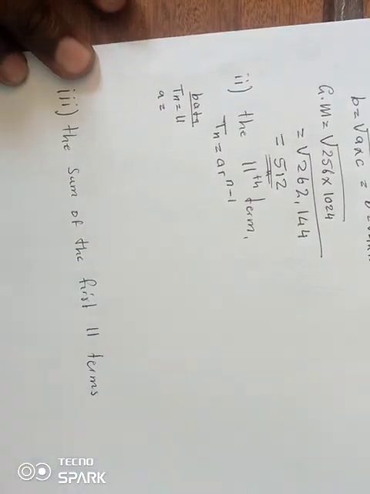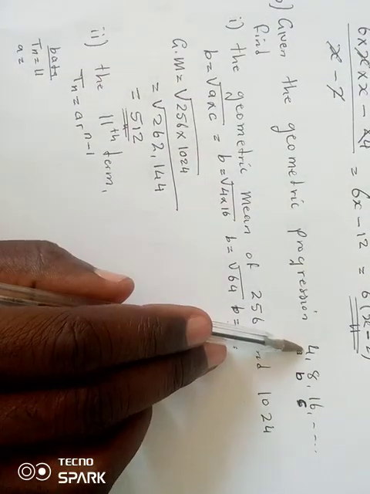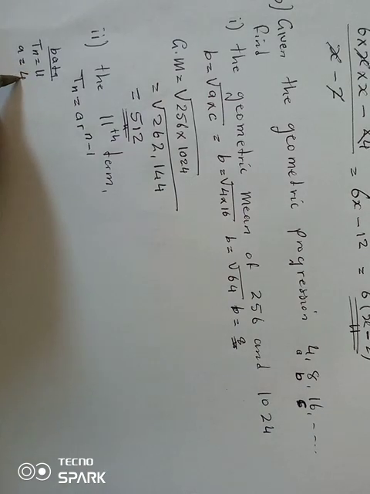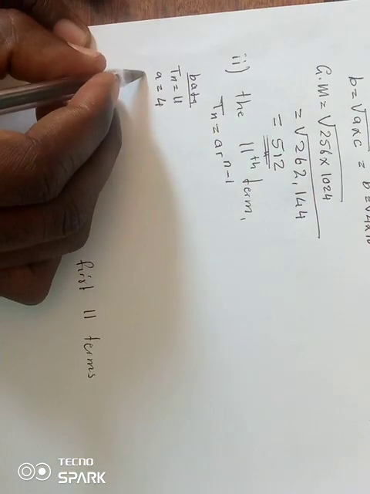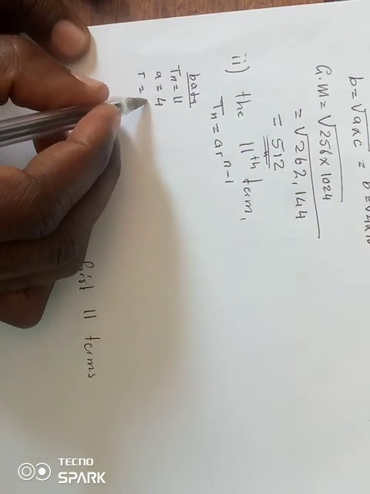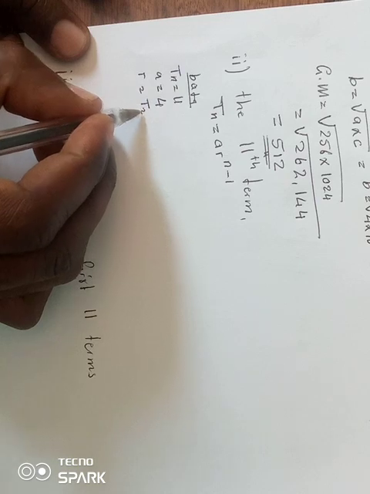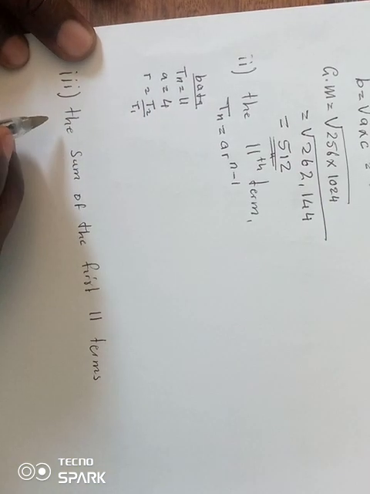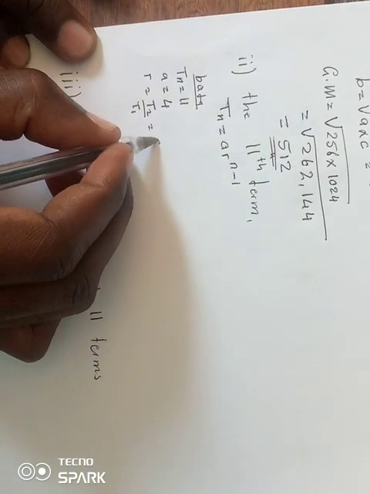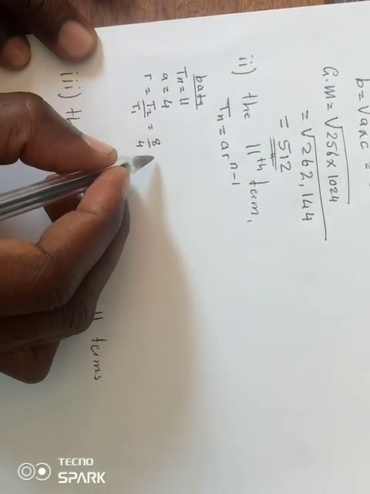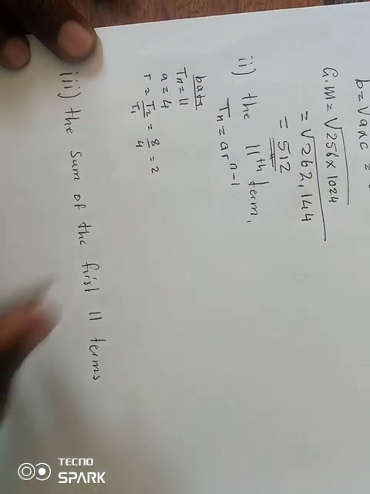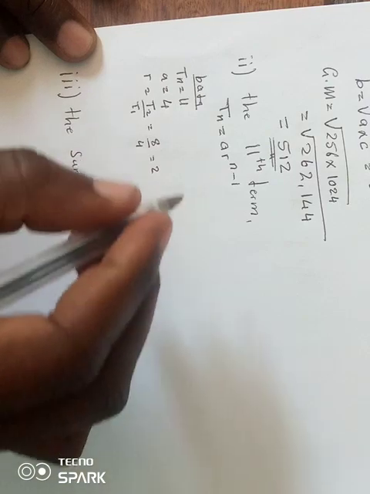Then what we need to find is the ratio. The ratio can be found by dividing the second term by the first term. So that is 8 divided by 4, we have 2. So the ratio is 2.